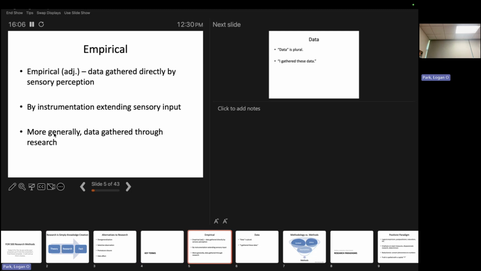Okay, so data gathered through research is awesome. Sometimes some researchers will use this term in a negative way, saying something like, this smacks of empiricism, meaning you're just reporting a pile of data. You're not telling us the wisdom out of it.